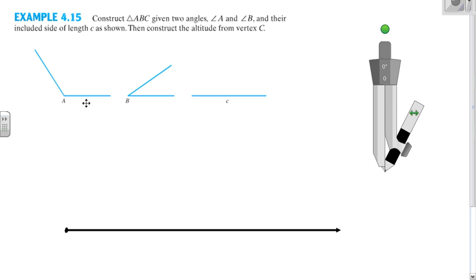And we're going to copy angle A onto it. This will also be where we measure out the length of C, because it says that C is going to be between angles A and B. It says it's the included side, so it's the side in between.